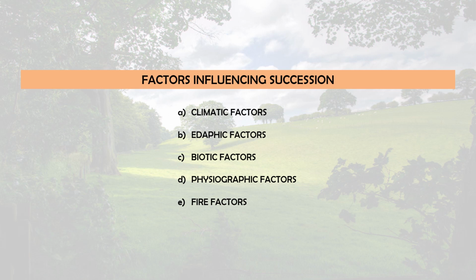Now, there are some fire factors, like natural or artificial man-made fires, which affect the succession. Natural fires include lightning, which is sometimes required for new vegetation growth, but there are also some man-made forest fires like jhum cultivation.